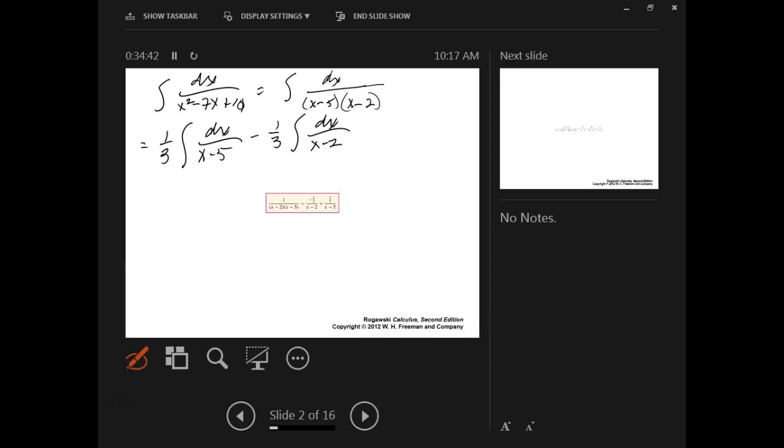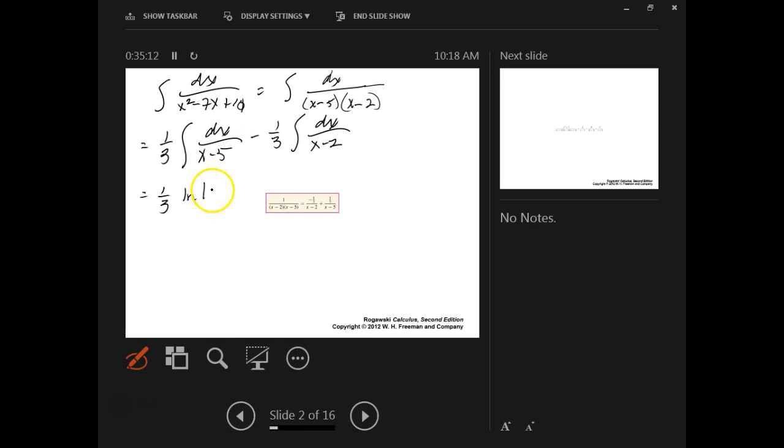Can we do those integrations? Antiderivative of 1 over x minus 5: the natural log of... okay. Now, when you're dealing with natural logs, be sure you put absolute value bars, because you cannot take the log of a negative number at all.